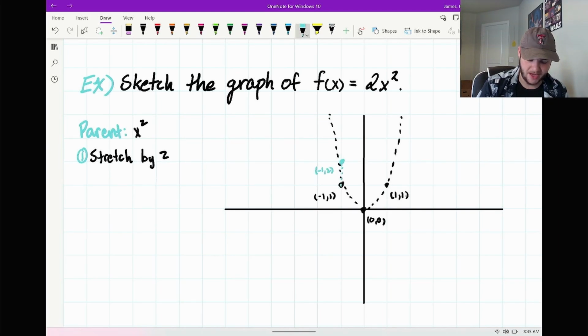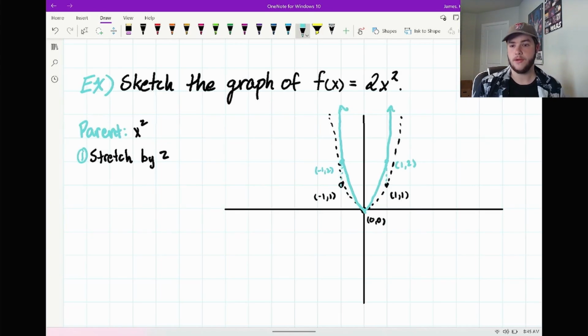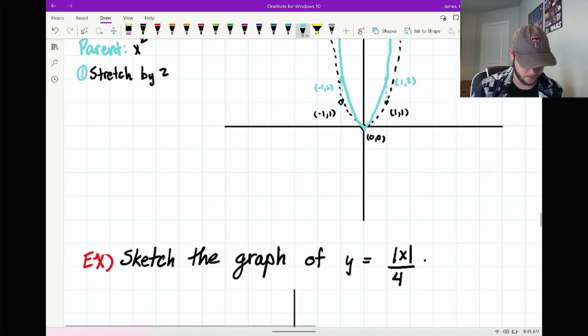Same thing here. My output is 1, so that gets doubled up to 2. And so my graph looks like it's been stretched out, right? Like somebody tugged up on the top of it. Let's try another one.